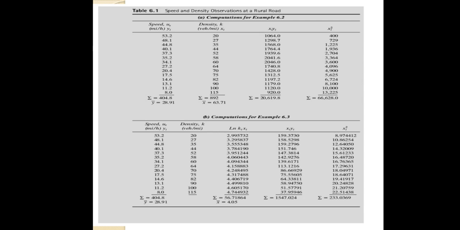So this is the speed and density observation of a rural road. This is the table. First we have the speed, u sub s, in miles per hour, and density, x y sub i, x sub i squared.